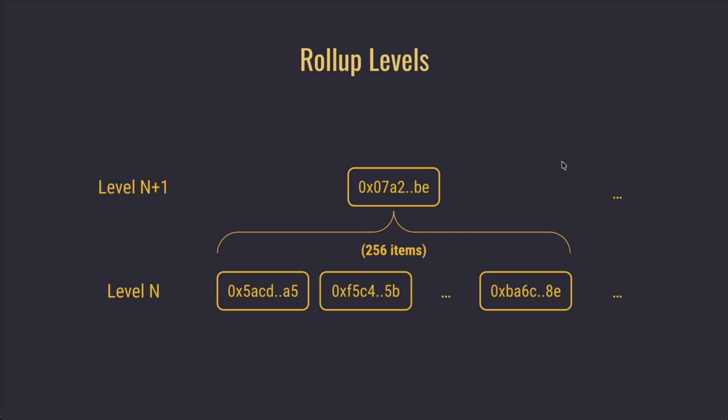Because our Merkle trees for our cryptographic proofs have 256 nodes per level. And with 256 records in our table, we will have 256 records for our cryptographic proof on level 0, and then 1 record on level 1.